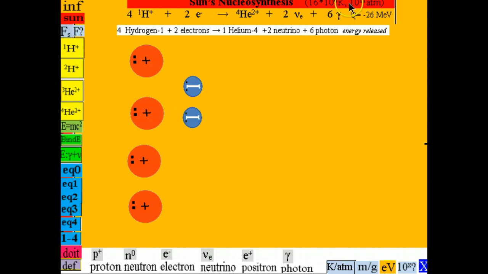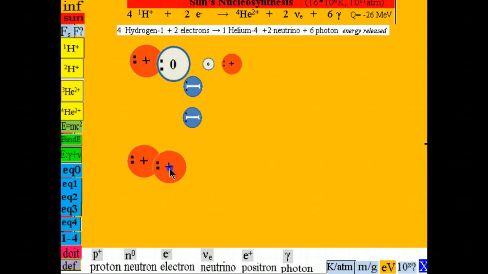That's about the same as in Fahrenheit. Very, very hot and very, very high pressure. This pushes the 2 protons together and overcoming the repellent force of the electromagnetic charges, and one of the protons transforms itself into a neutron, a neutrino, and a positron. That happens twice.